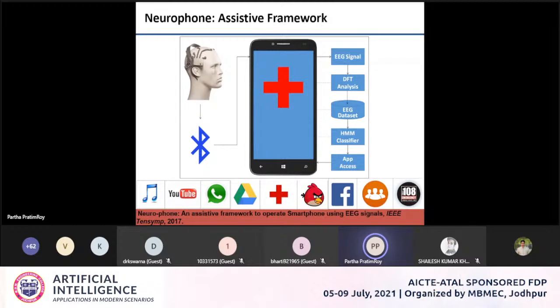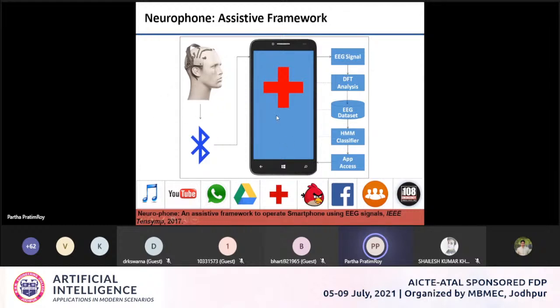We can also develop a neurophone, or smartphone, as an assistive framework. For example, some patients have a functioning brain but are not able to move their hands or other limbs. Suppose he has a smartphone and we acquire the signals. For example, he wants some medical service.